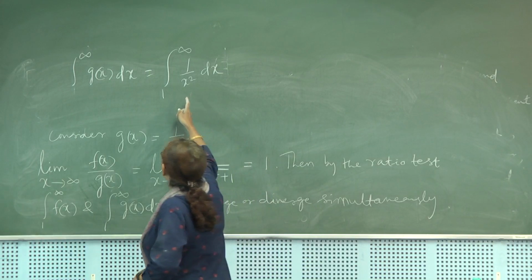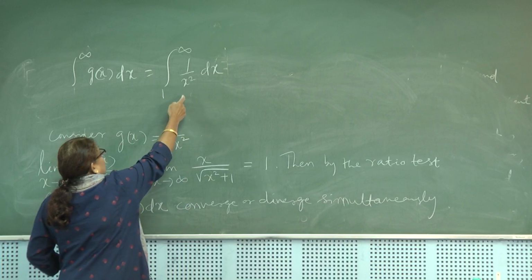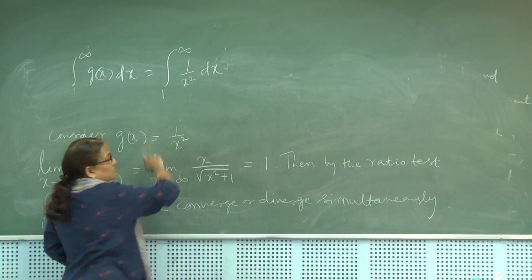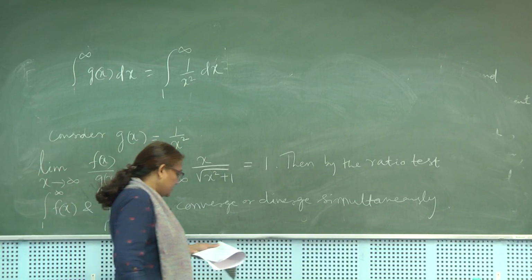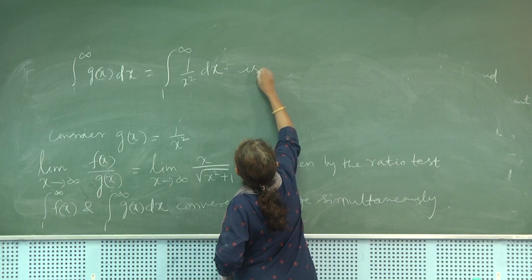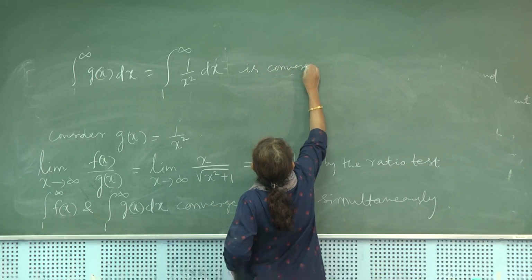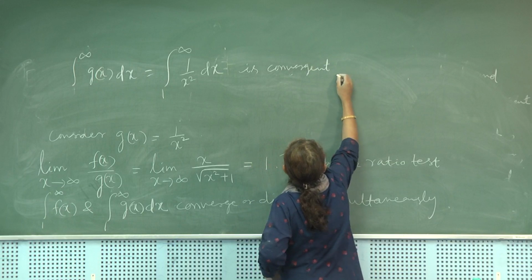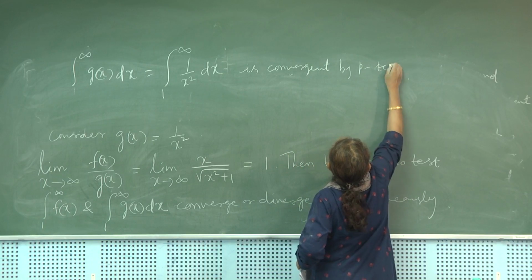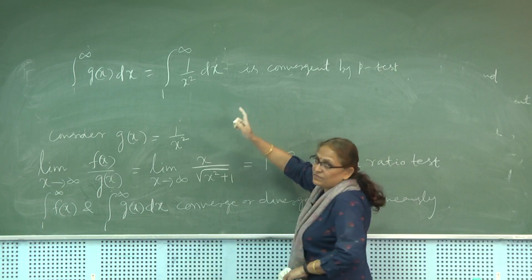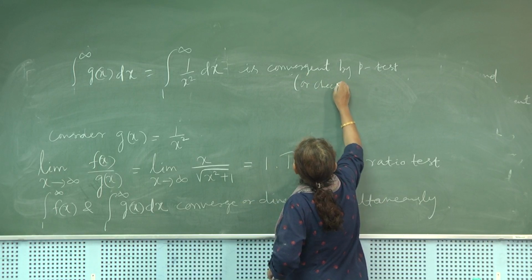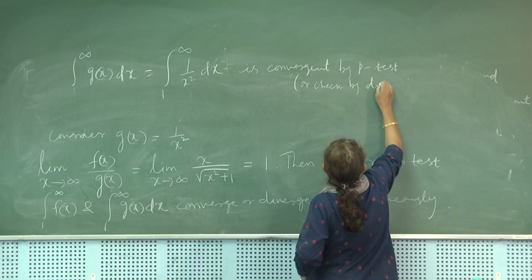Here you see that this is a type 1 improper integral, and the value of p is greater than 1. Therefore, this is convergent by the p test, or you can check by the direct method.